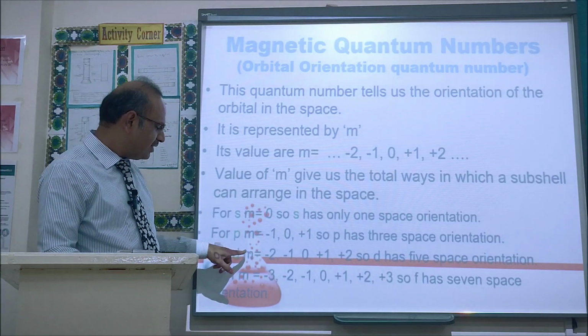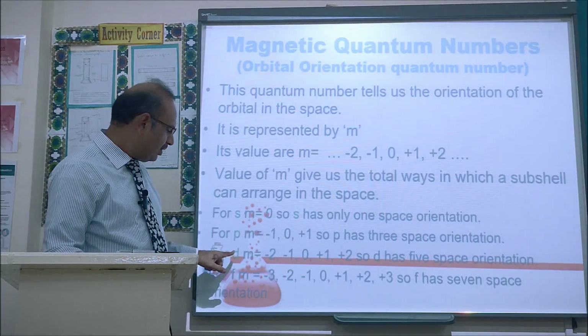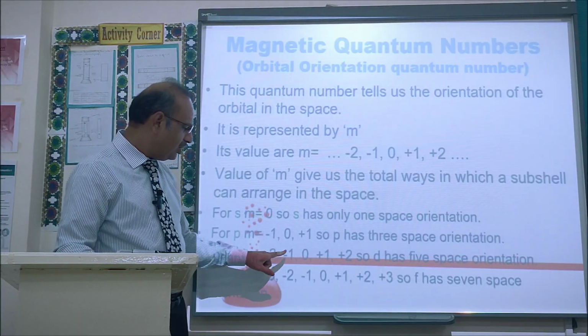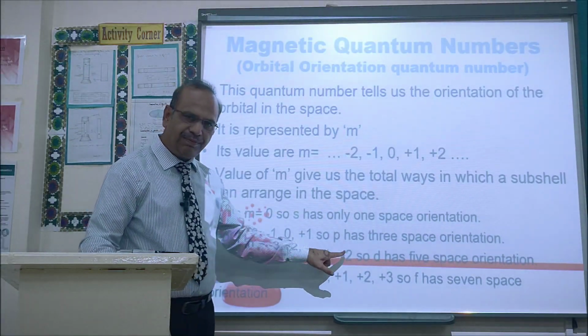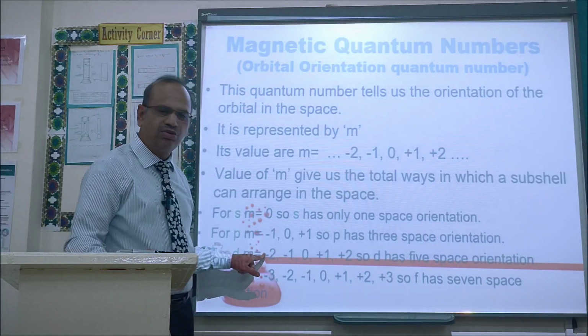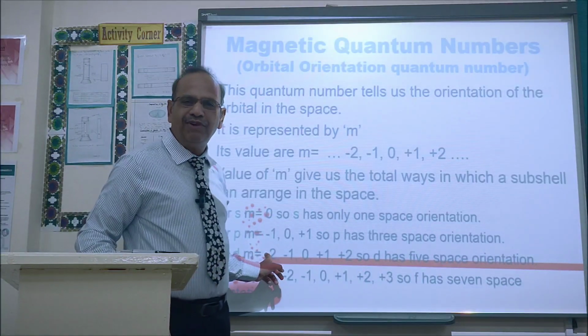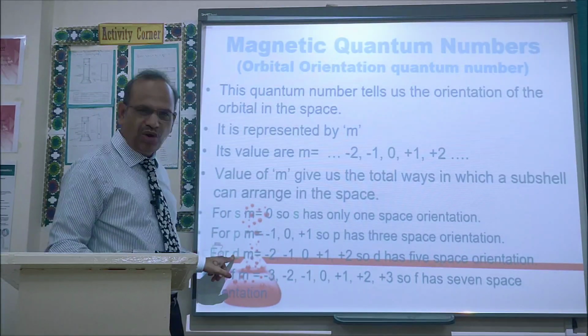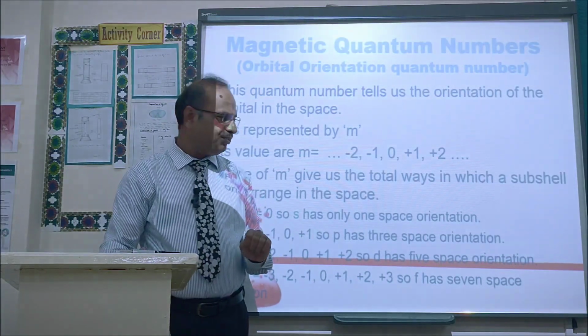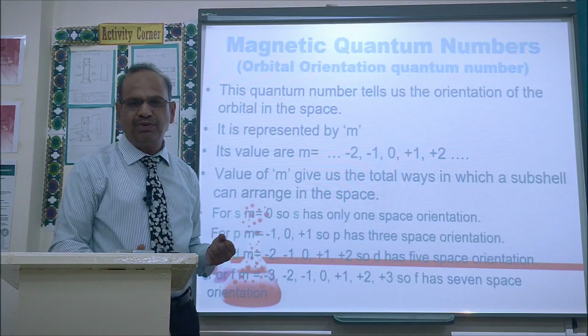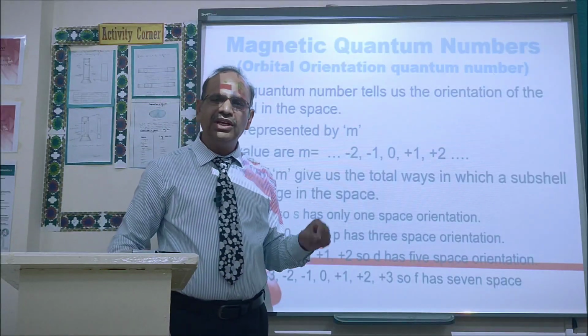And for the d orbital, the values of m will be five: 0, +1, +2, -1, -2. So 5 values of m are for the d orbitals.